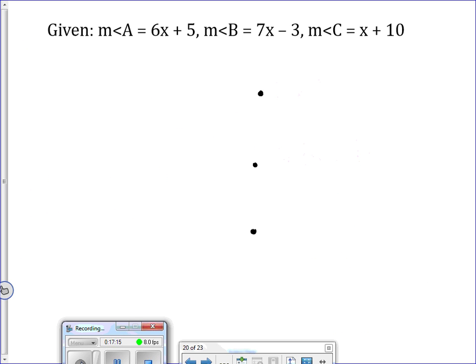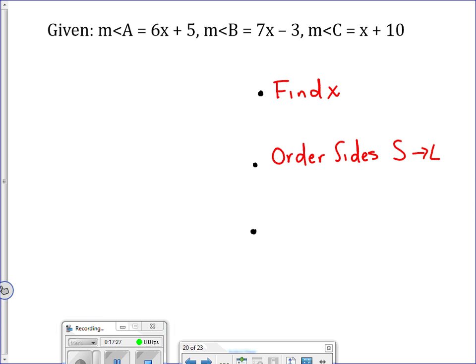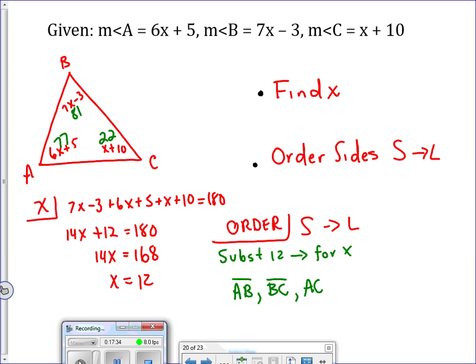All right, here's the next question. See if you can figure out what the questions are. All right, see if you can do that one. Okay, so there's your answers.